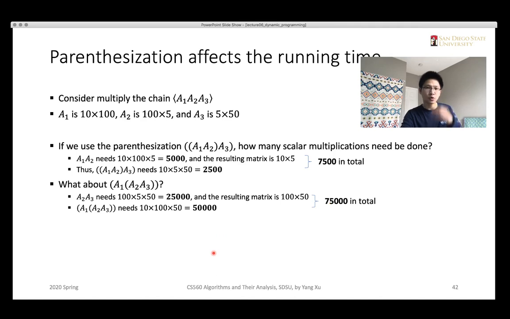So that's why, when we have a chain of matrices, it's really important to choose the optimal way to add parentheses, so that the number of scalar multiplications needed is much improved.